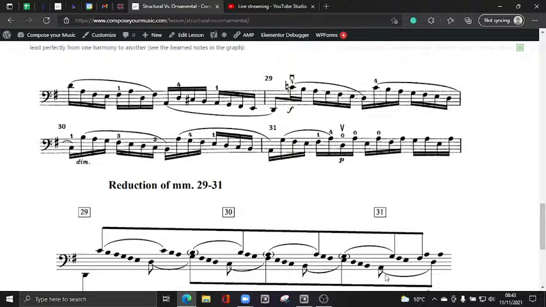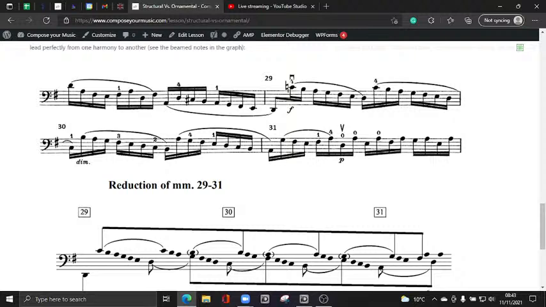And naturally, this is a sequence, and we all can see that. Very obvious. There's a sequence. Well, I think it's obvious.